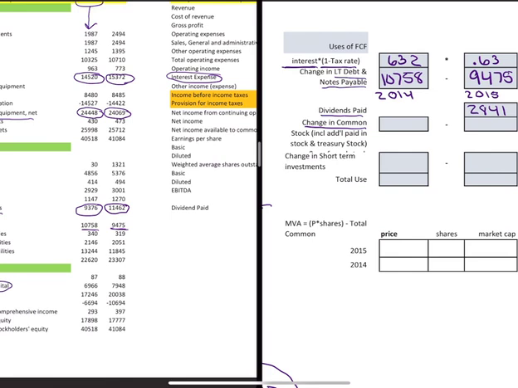Okay, so for 2014, we have 87, 6966, and a negative 6694. And when we add that up, we're going to get 359.